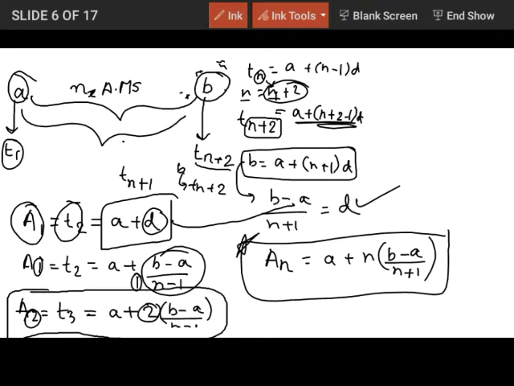Like this we have seen a pattern: if you ask me the first arithmetic mean, we have to multiply the common difference with 1. If you ask me the second arithmetic mean, we have to multiply the common difference with 2. In this order, if you ask me the nth arithmetic mean, we have to simply multiply the common difference with n, right? I hope that this is clear.